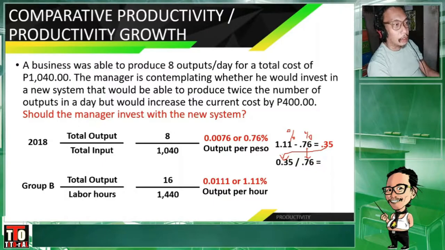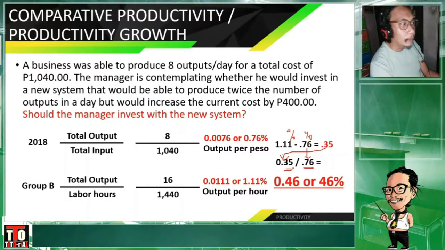Pataasin natin ng konti. Tingnan natin. Yung 0.35 is a baseline, gagawin natin baseline yung 0.76 and then yung 0.35. We would get a whooping 0.46. Okay? 0.46 yung difference yan. Pwede ko ngayon sabihin sa board, there is a 46% increase in productivity higher than 0.35. Okay?